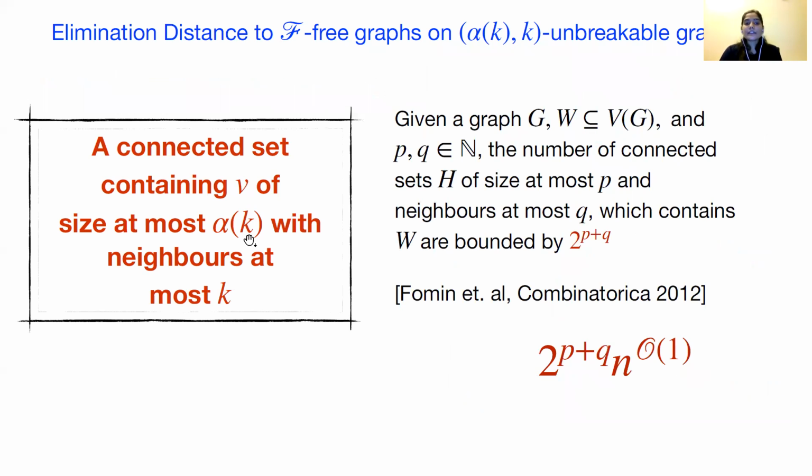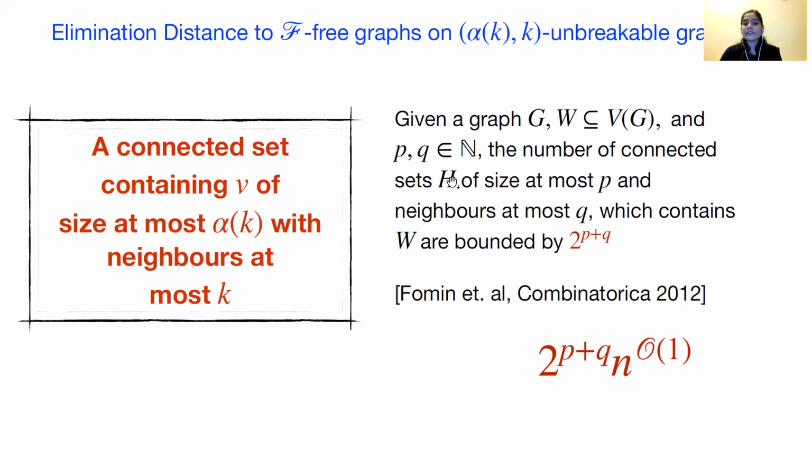And actually, we can enumerate all such connected sets by this lemma given by Fomin et al., which says that given a graph G, a set W of vertices, and integers P and Q, the number of connected sets H of size at most P and neighbors at most Q, which contain W, is bounded by 2 to the power P plus Q. You can see here that V is W for us, P is alpha k, and Q is k.